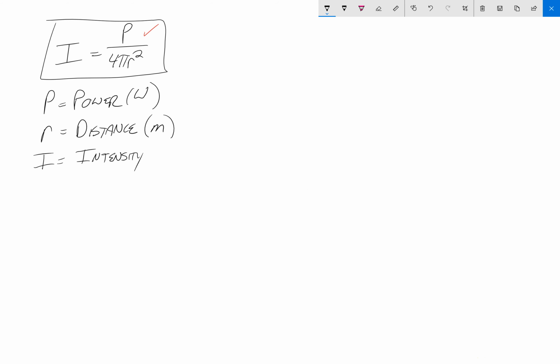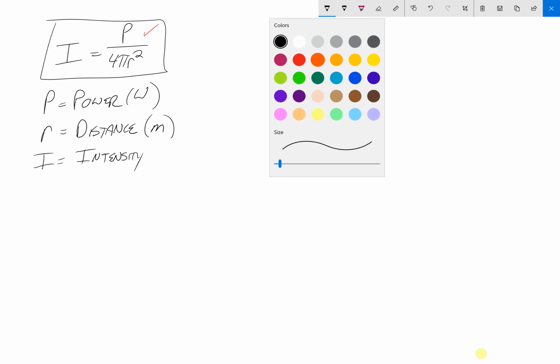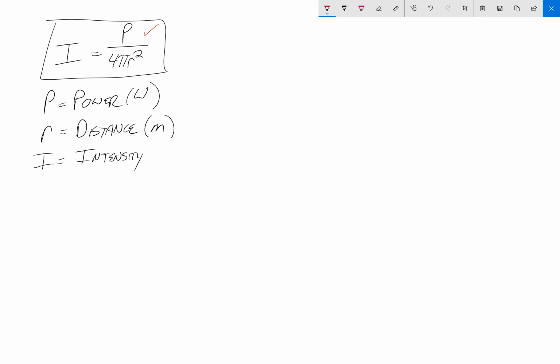I'm sorry about that. I thought I wrote an R, maybe I didn't. But back to the point, it's R squared. So that's meters squared. So the units for intensity are watts per meter squared. All right. So that's a basic expression that relates power and intensity that you hear based on distance.